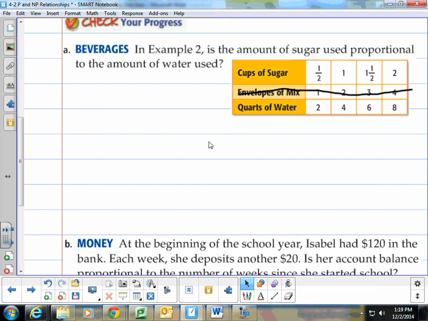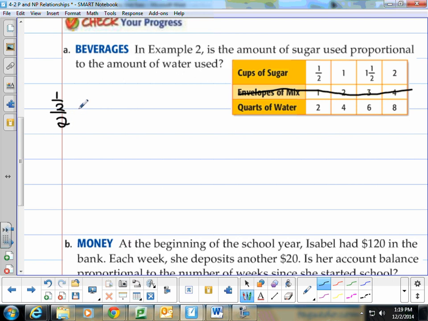So for this one, I could make, again, a table, and I'd be comparing, well, 1/2 to 2, 1 to 4, 1.5 to 6, and 2 to 8. So if I write these out as a ratio, I'm going to use my pen here. I have 1/2 over 2.